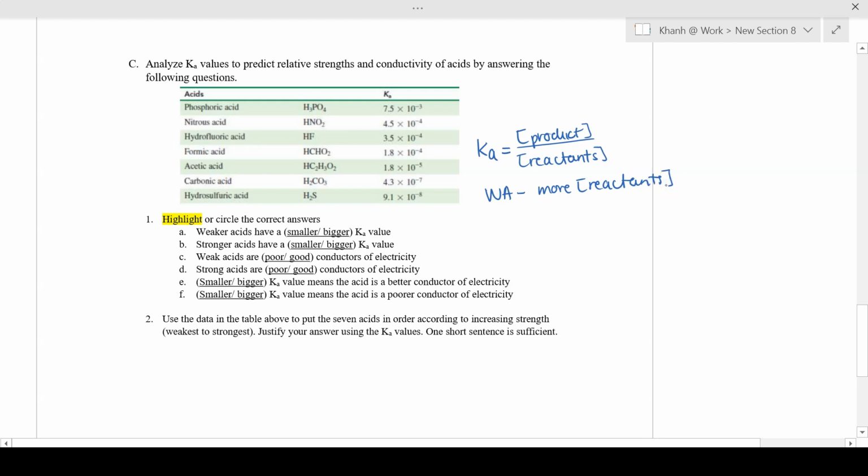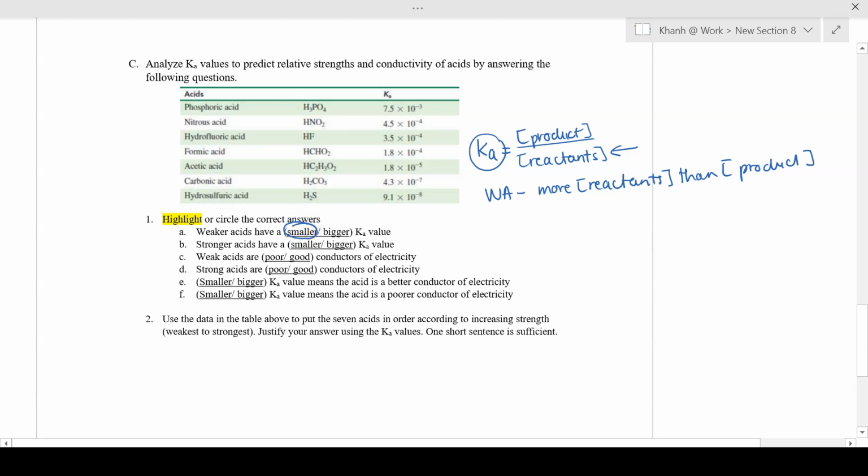So more concentration of a reactant than your product. Well, what does this mean for Ka? If you have a bigger denominator, you would have a smaller overall Ka value. What this also means is weaker acids will then have a smaller Ka.